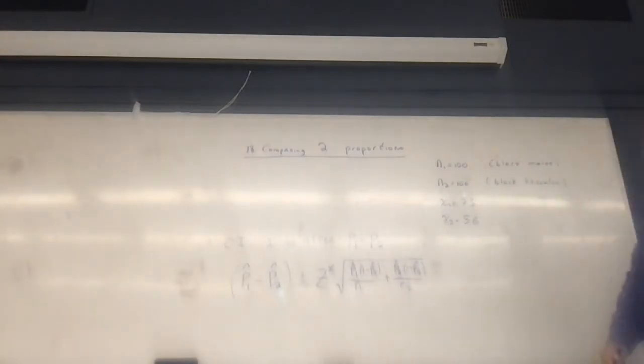Now on the surface, does there seem to be a difference in proportions between the first group and the second group? Yes. 56% of Black females are willing, versus 75% of Black males. But this is a sample. We know that in a sample, there's always going to be variance that comes from real life. Maybe I got lucky or unlucky in who I asked.